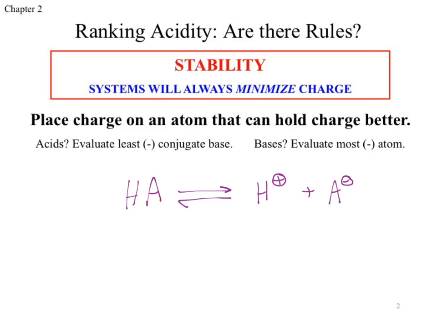We're looking at a K expression, K for our equilibrium constant. We can refer to it as our Ka because it's our constant for our acid, which is our products over our reactants.